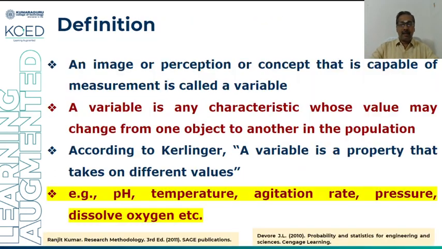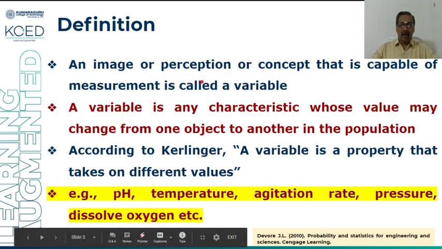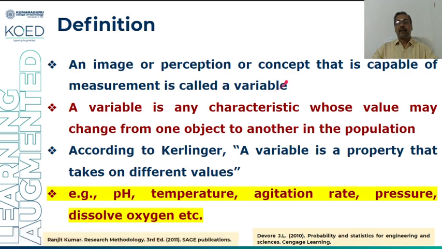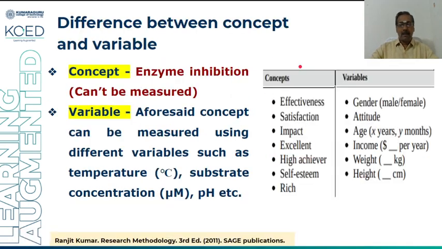Now, you can see the definition: an image or perception or concept which we can measure. That is a variable. That means a concept cannot be measured. So before understanding variable in a fantastic way, you should understand the difference between concept and variable.